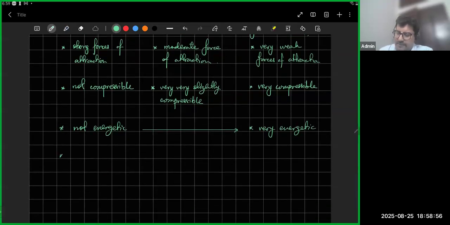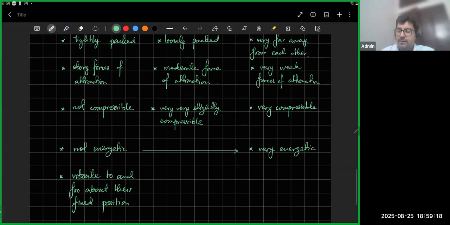What is the movement of particles? In solids, the particles vibrate to and fro about a fixed position. So they just vibrate.